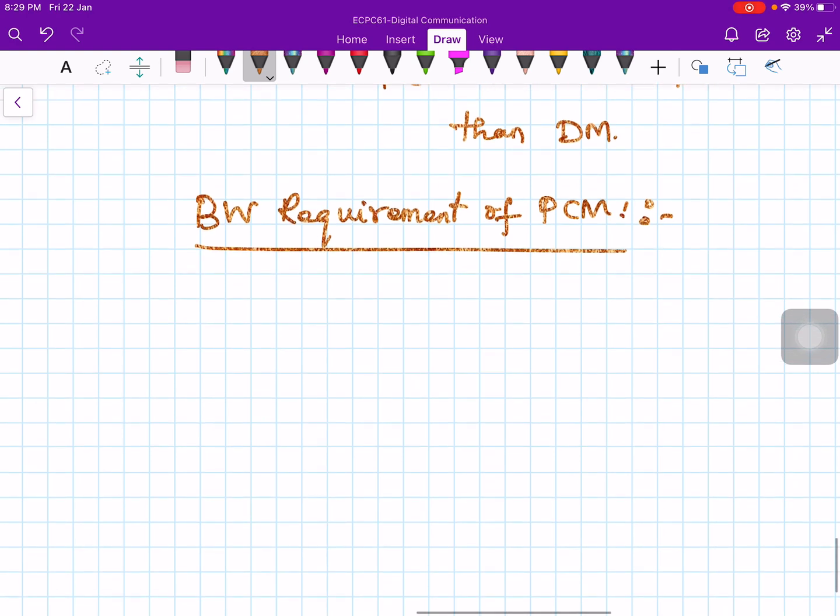As I said, to start with, I have an analog signal, let's say m of t, of bandwidth equal to capital W. The question is, do I continue to use a bandwidth which is of the order of W, or do I eventually end up using a bandwidth which is much larger?